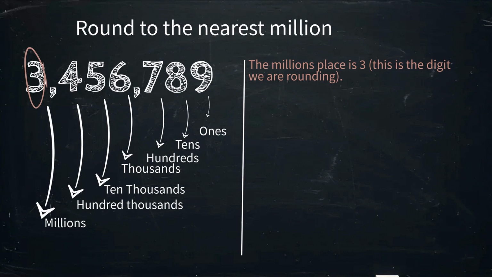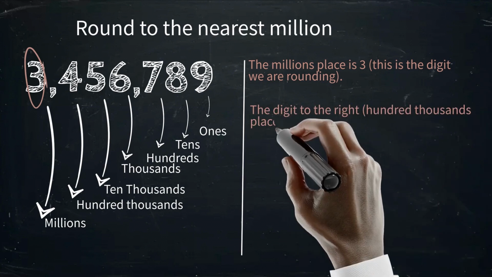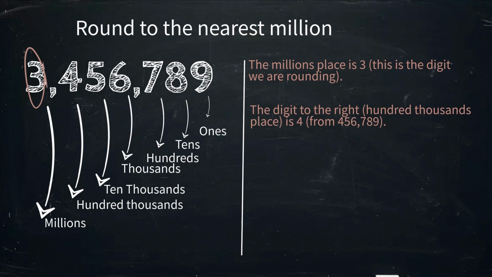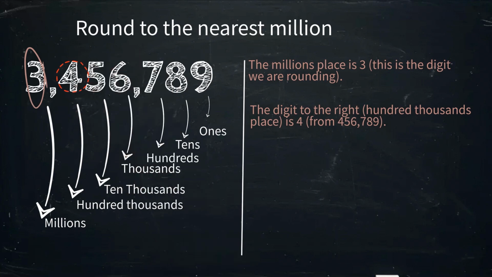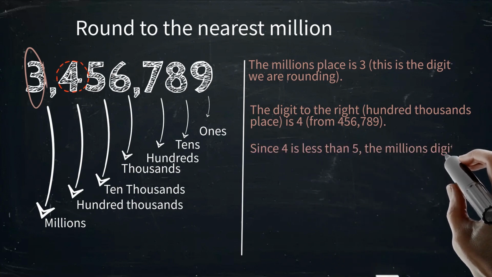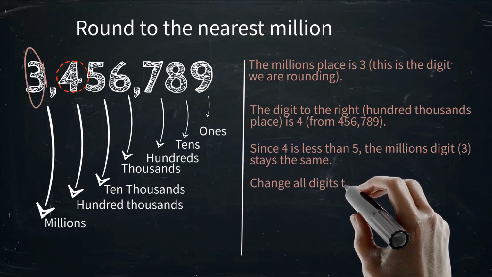Then immediately to the right tunaona tuko na digit 4. Digit 4 will be the determining digit to determine whether we'll round up or down. 4 is less than 5, so we are going to round down.